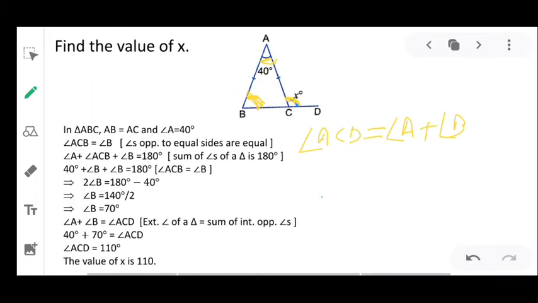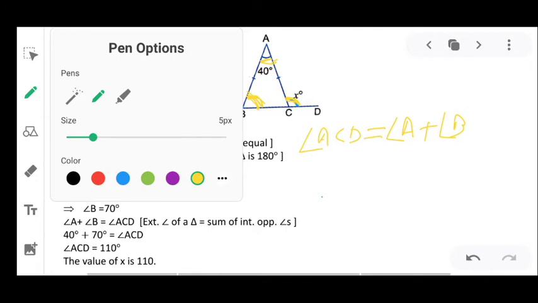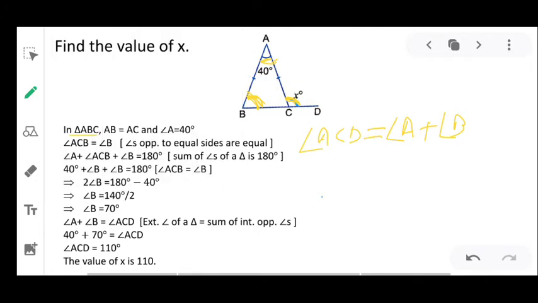So in triangle ABC, AB equals AC, that is given in the question. And angle A is 40 degrees. Then angle ACB equals angle B, because the angles opposite to equal sides are always equal.